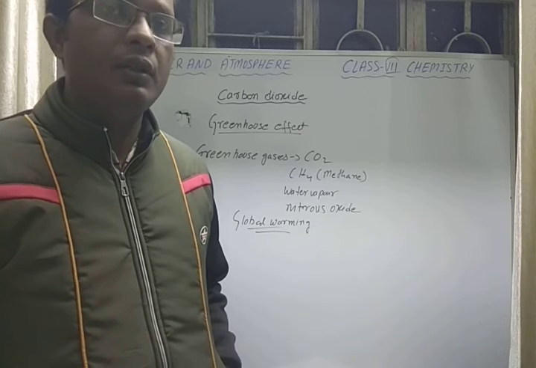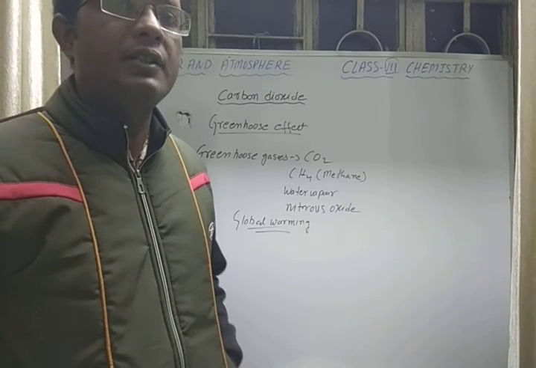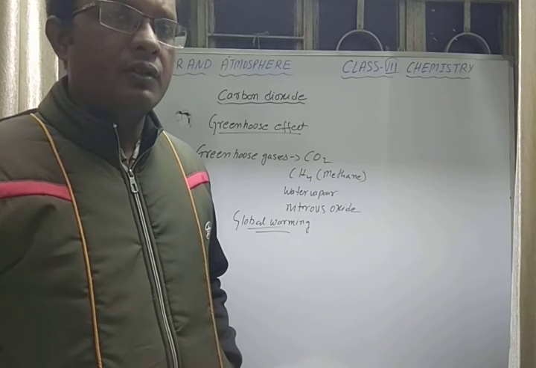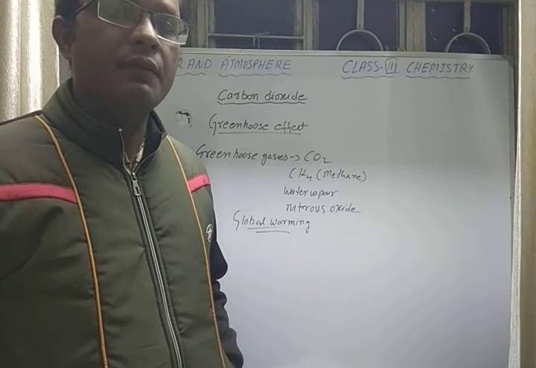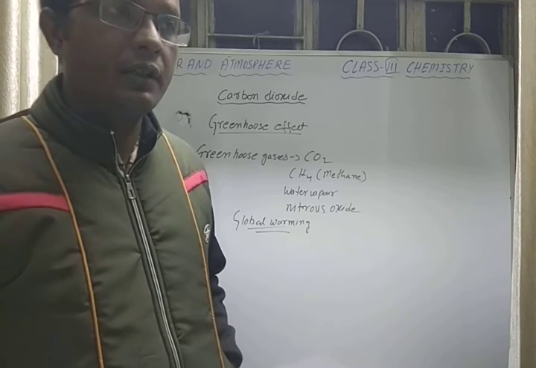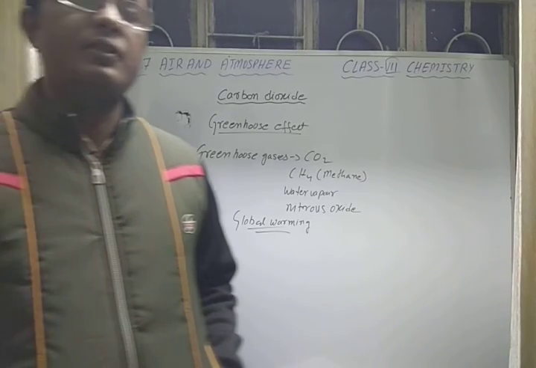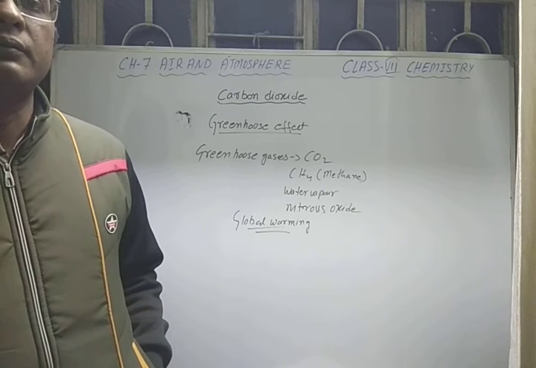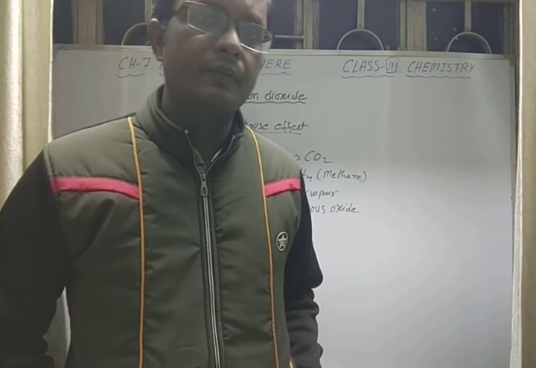So we have to do something to decrease the percentage of these greenhouse gases in the atmosphere. These are one way the causes of air pollution also. Due to air pollution mainly, we can see the increase in the percentage of these gases in the atmosphere, and they are the main causes of global warming also.